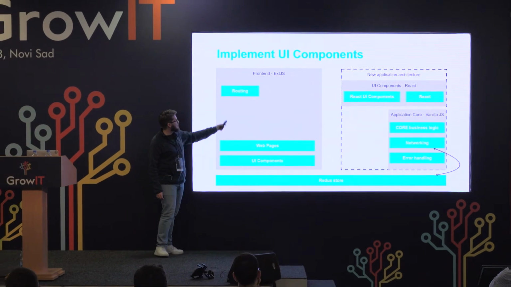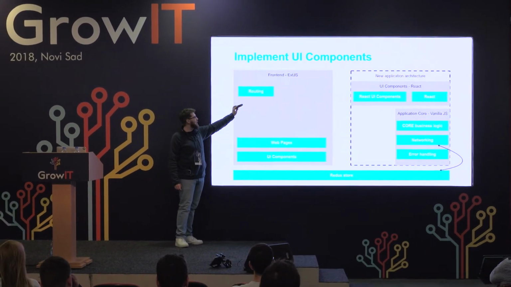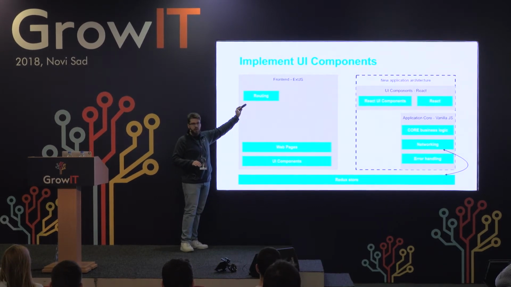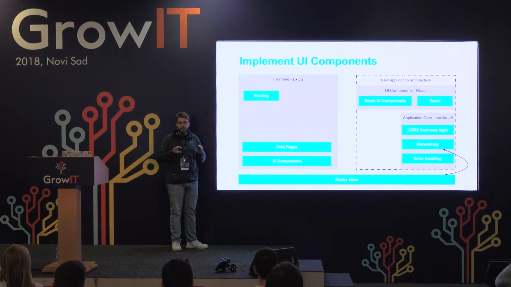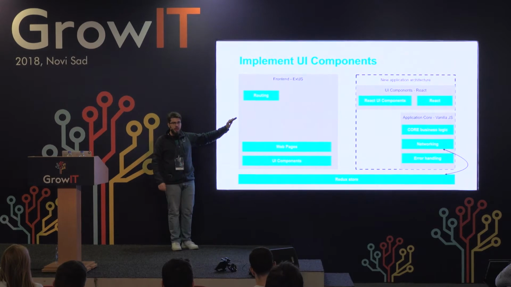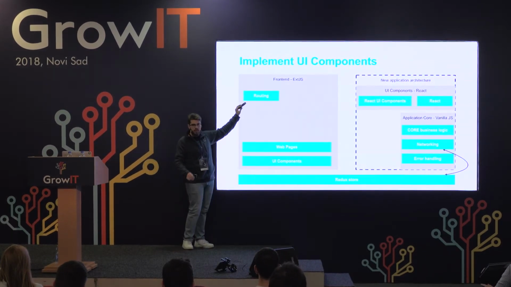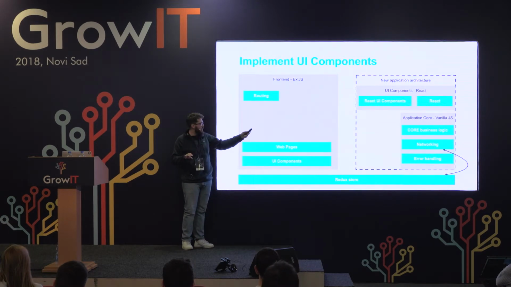What stays here is the routing, because, and this is from experience, you want to figure this one out last. It's really hard to do with two applications. You don't have to worry about it, because by the time you've refactored all components from the old app to the new app, this will just disappear. And it's not going to be a problem when you do all of that.